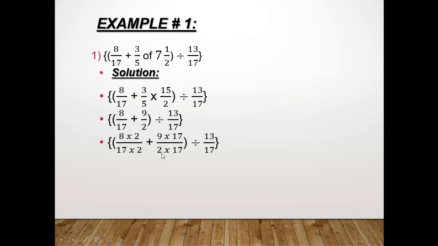Similarly we read the table of 2, and in the table of 2, 34 comes when we multiply it by 17, so we have to multiply by 17 in the numerator and in the denominator as well. Then we multiply the values: 8 times 2 is 16, 17 times 2 is 34, plus 9 times 17 is 153, and 2 times 17 is 34.